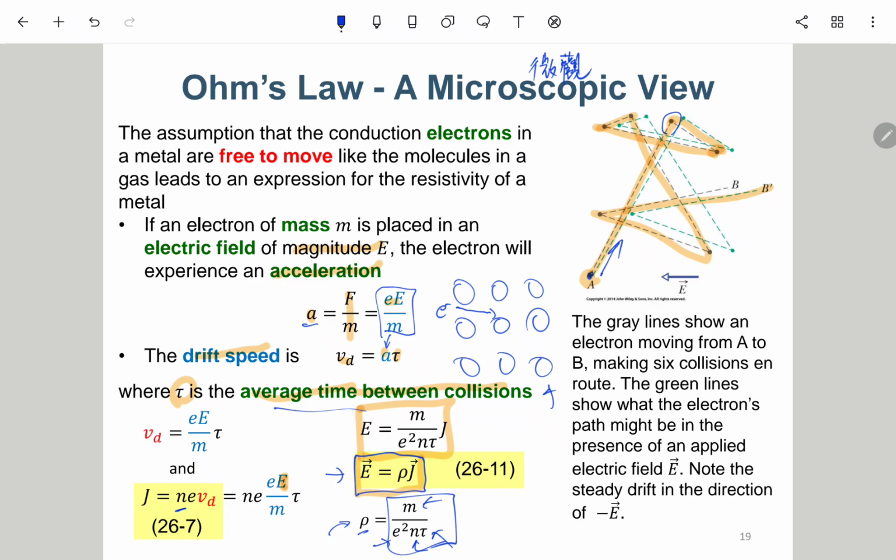If this is correct, we also assume that V equals IR is correct due to this derivation.